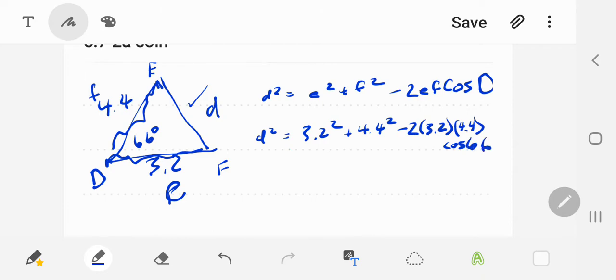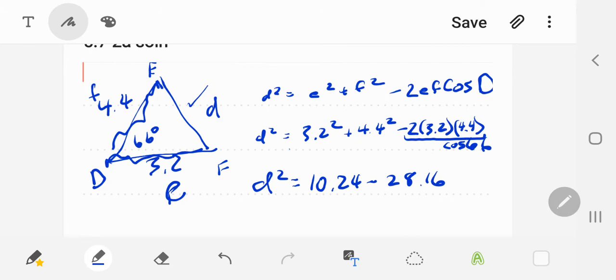So it's just a multiplication. So you go and do this. You got d squared is equal to 10.24 minus the multiplication of this part here, which was 28.16.